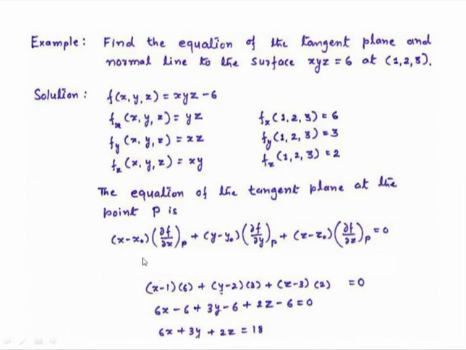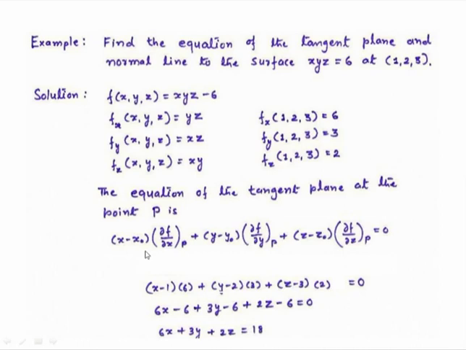Now for the normal line we have to take this as a ratio instead of multiplication: (x minus x0) upon del f by del x, (y minus y0) upon del f by del y, and (z minus z0) upon del f by del z. And instead of this plus sign we shall have an equal to sign.